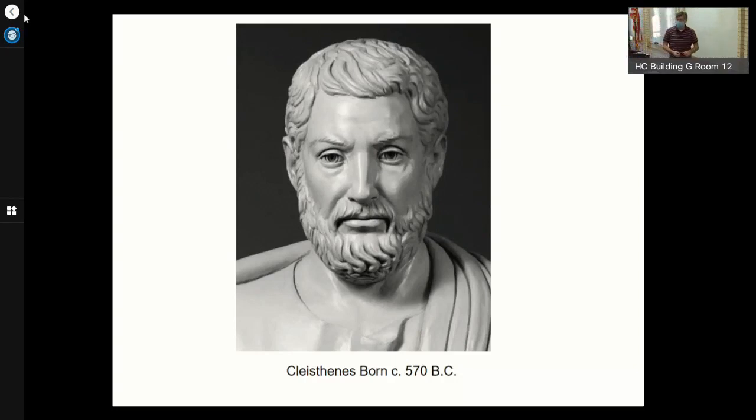Crowds tend to be emotionally swayed. Demagogues tend to emerge in situations where large groups of people have authority. And what's a demagogue? A demagogue is a cult of personality individual. A demagogue is somebody who shows up and claims to have all the answers and says I'm going to solve all the problems.